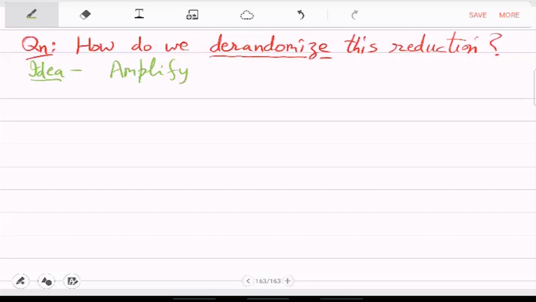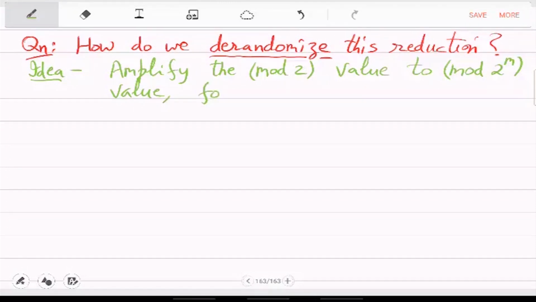So amplify the mod 2 value to mod 2 raised to m value for a large m.